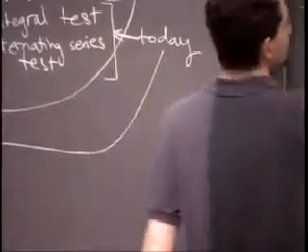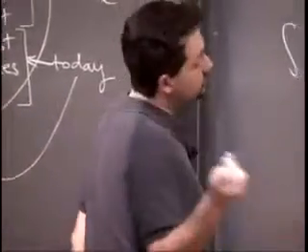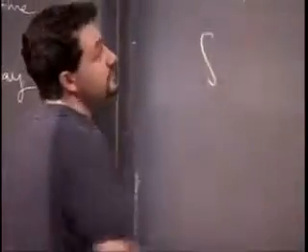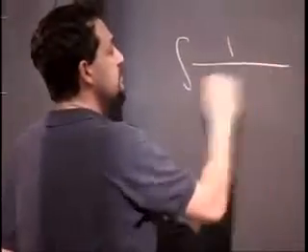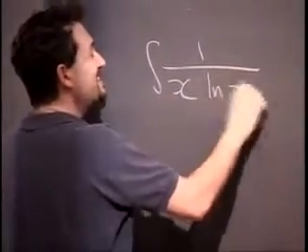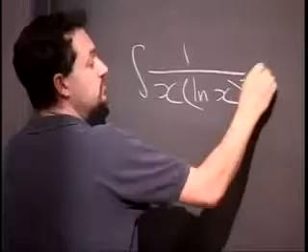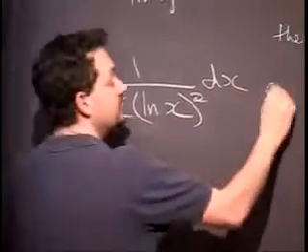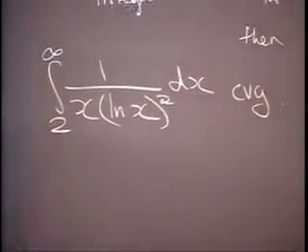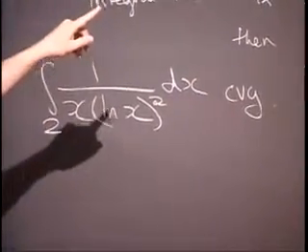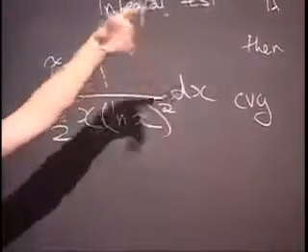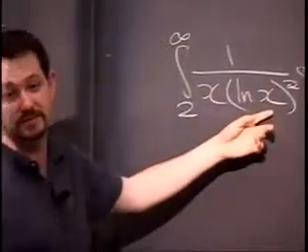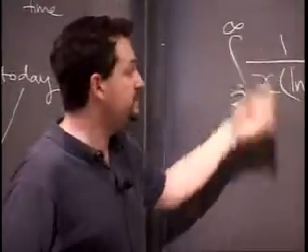An example is one we already saw, and this was a few weeks ago, so I don't blame you if you forget, but we saw that this integral, 1 over x log x to the power 2, say from 2 to infinity, converges. If you do the same substitution, the only difference is you get a 1 over t squared instead of a 1 over t. And that converges by the p-test.